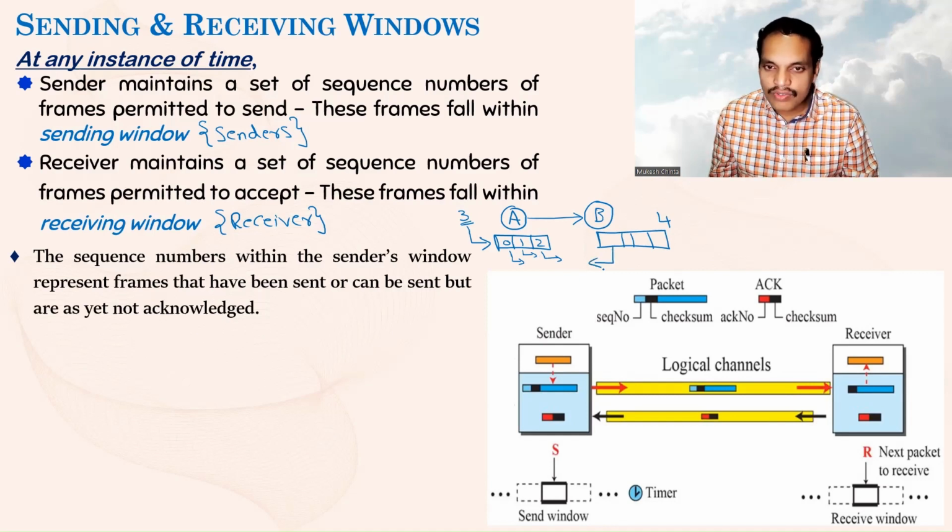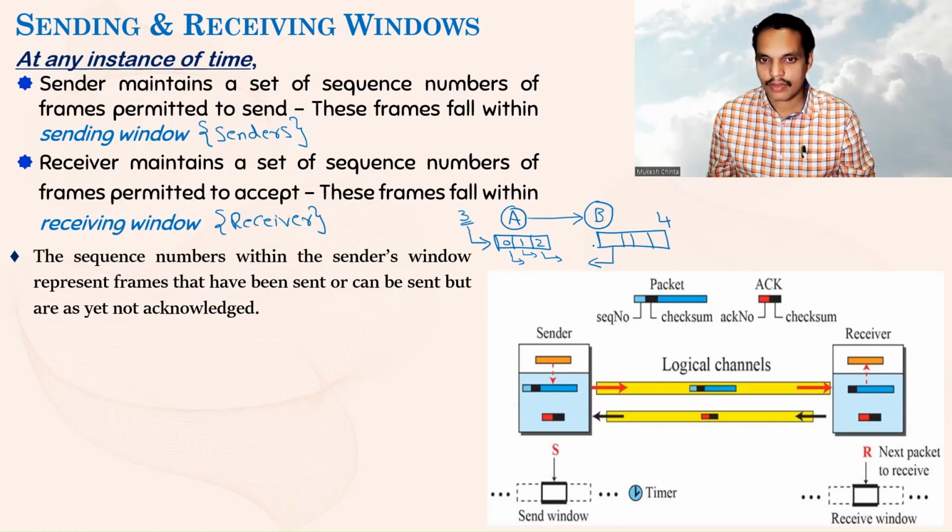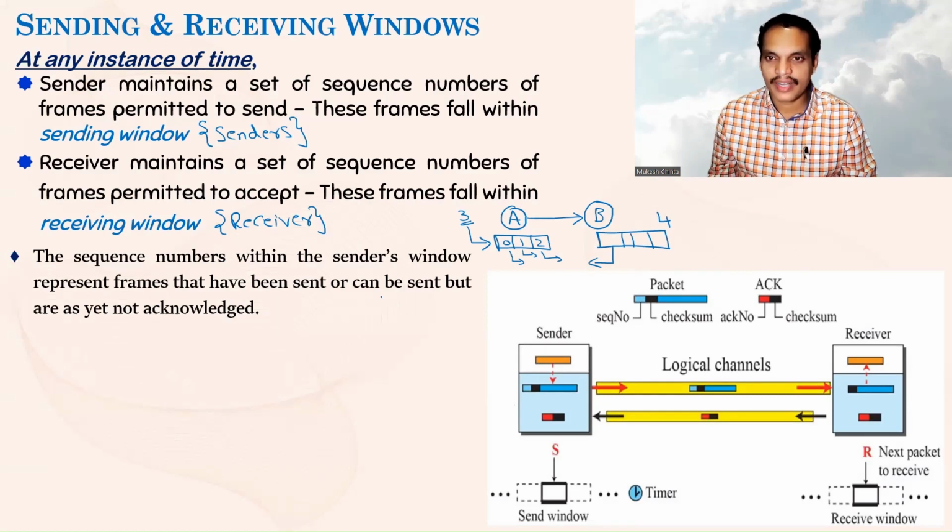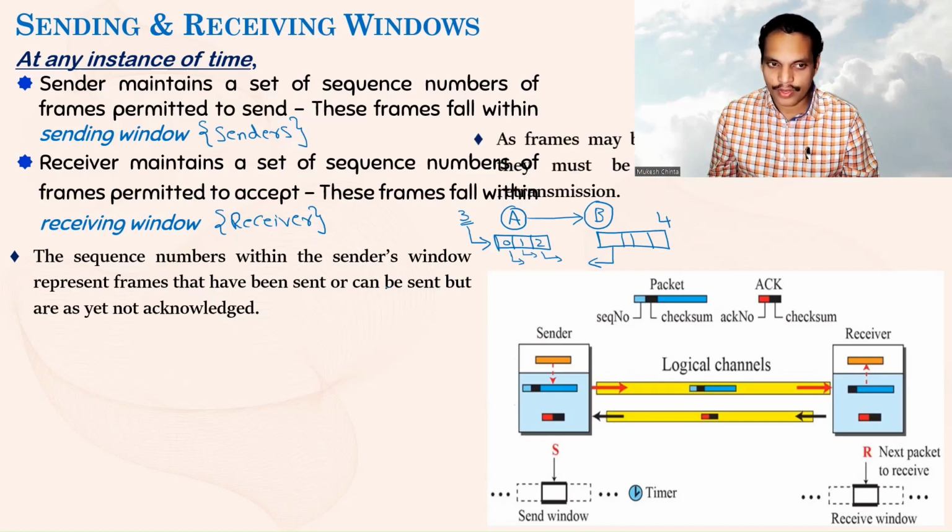If the sender receives the acknowledgement for the transmitted frames, it simply slides the window to the next frames. Give me a couple of minutes and you will be able to understand this better. So the sequence numbers within the sender's window represent frames that have been sent or can be sent either way, but are as yet not acknowledged. If they are acknowledged, they will never be a part of the sender's window.